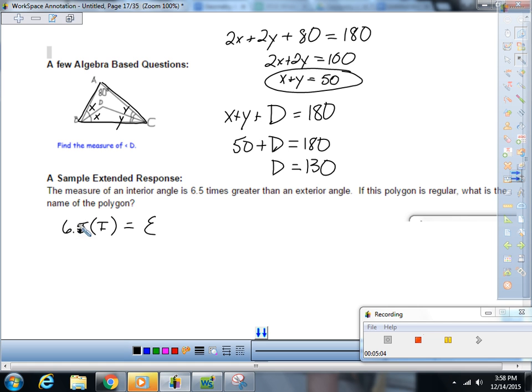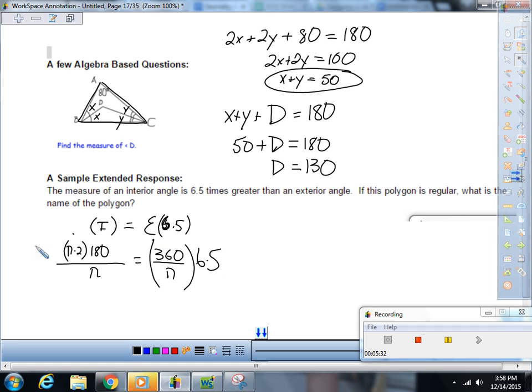Let me read that again. Okay, the measure of an interior angle is 6.5 times that of an exterior angle. Now I have it right. An interior angle is n minus 2 times 180 divided by n, and an exterior angle is 360 over n. Well, that kind of works out nice.